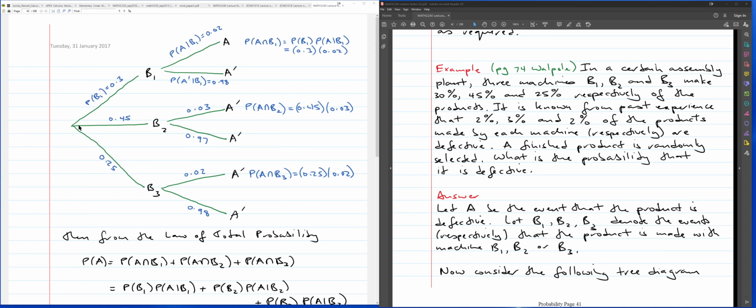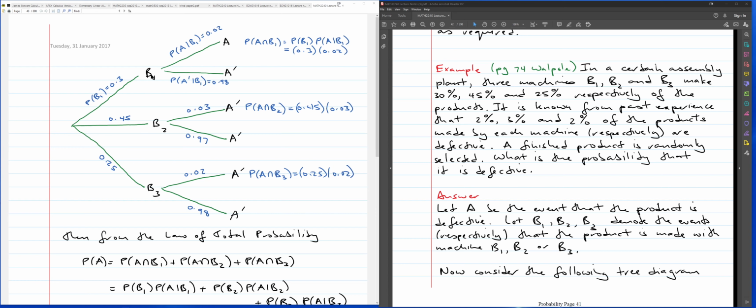The probability that it's made by machine B2 is this 0.45, which is 45% here. And likewise, the probability that the product was made by machine B3 is 0.25. These are normal probabilities.